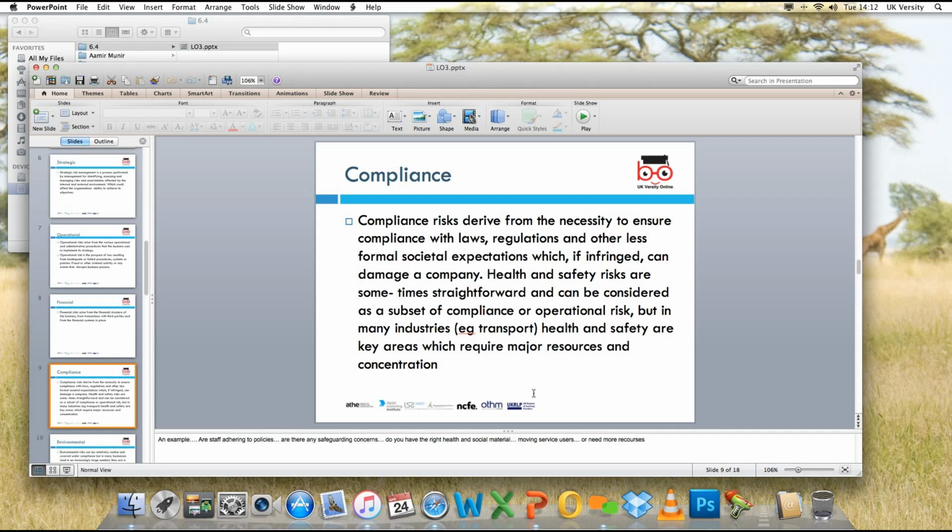So, for example, are staff adhering to policies? If they don't, are there any safeguarding concerns? Like you spoke about before with the accident book, what is potentially going to happen? They're the sort of questions you need to be writing down. Even if it's, do you have the right health and safety material? If you were moving a service user from the bed, do you have all the right resources, or do you need more resources? That would address that one.